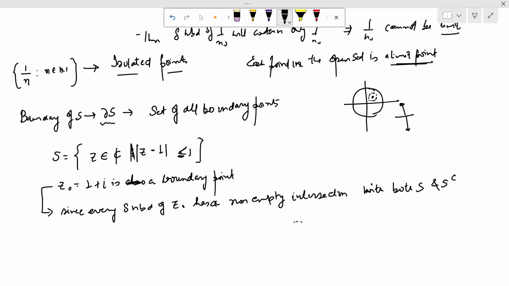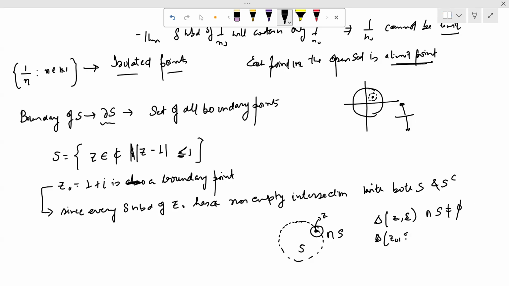So if I'm saying something is on the boundary, it implies what? If I take any neighborhood of the point Z naught, and take an intersection of this neighborhood with the set S, this will come out as non-empty.